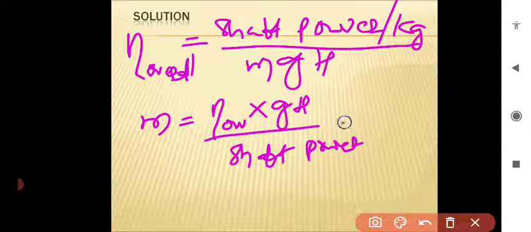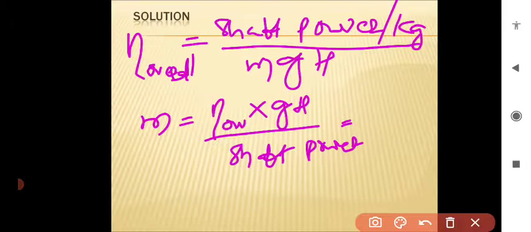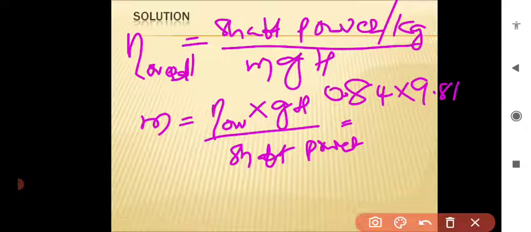Substitute all the values in this equation. Overall efficiency is 84%, so 0.84, and g is equal to 9.81, and h is equal to 60, by shaft power.